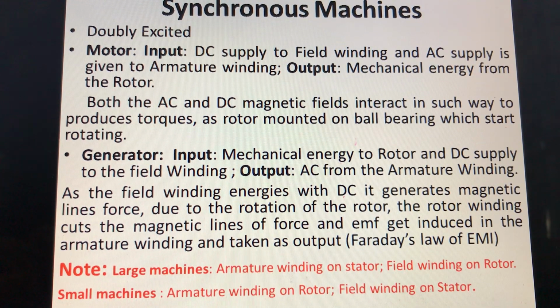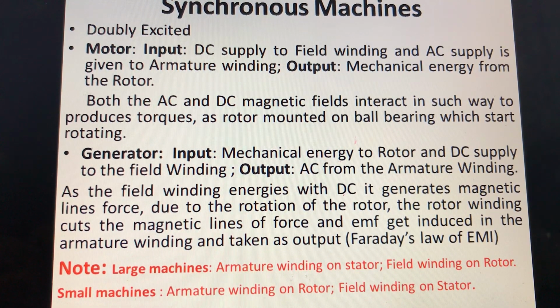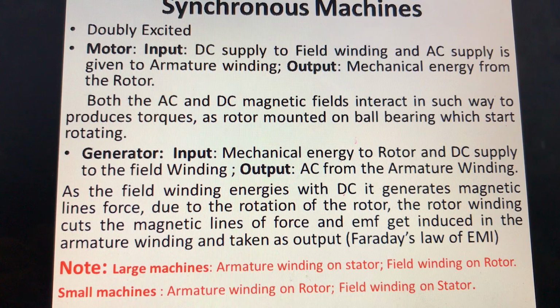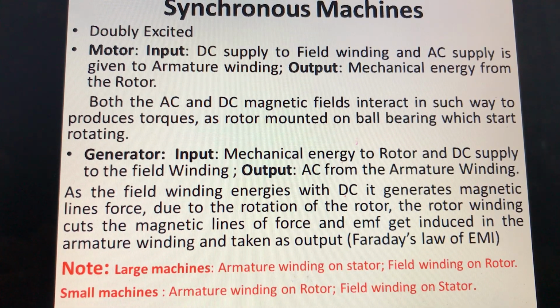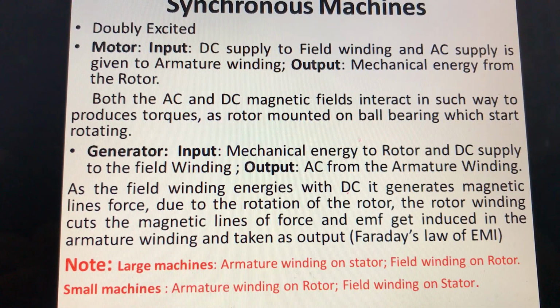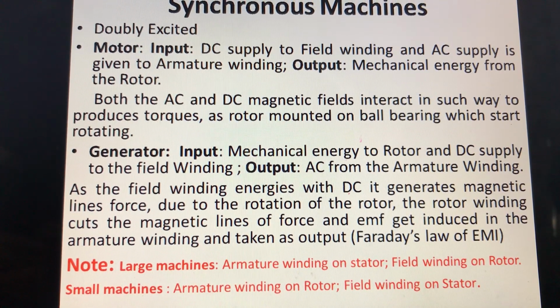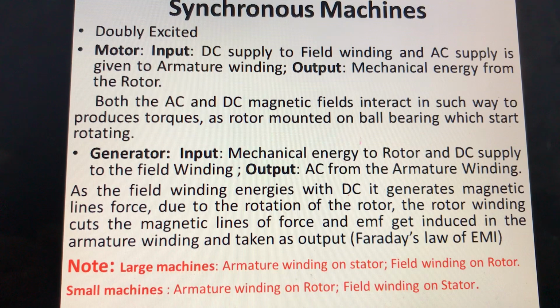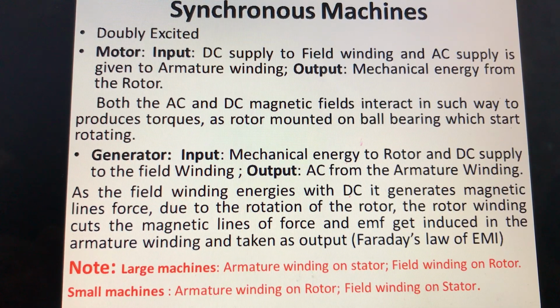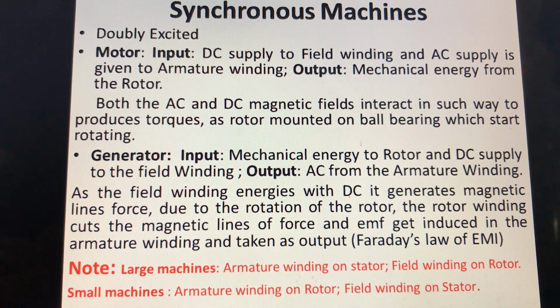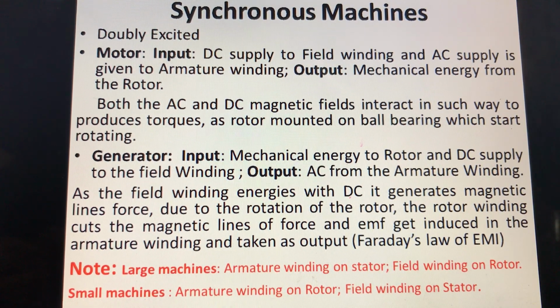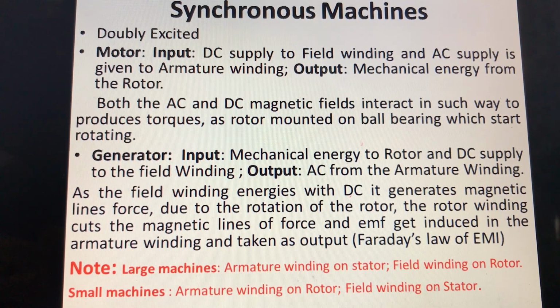So it is not possible to collect this energy through carbon brushes if we put it on the rotor, but it is possible to collect that high energy from the stator. Moreover, due to the high amount of energy in the armature winding, a large amount of cooling is required. It is also not possible at the rotor to provide such high level cooling, but it is possible if we mount the armature winding on the stator.